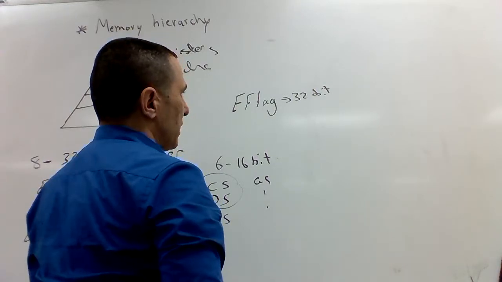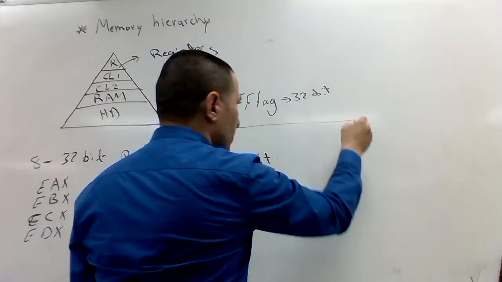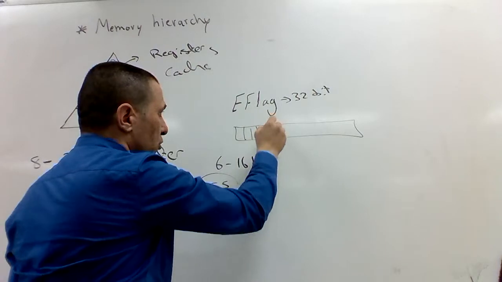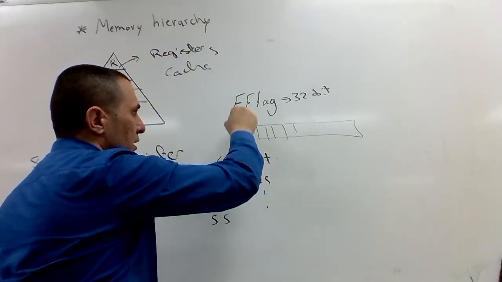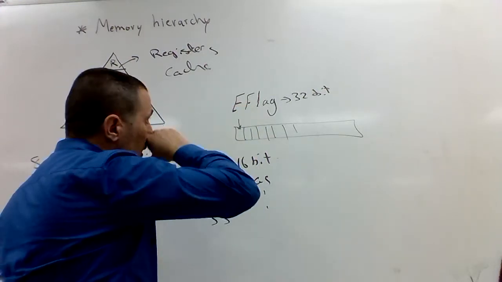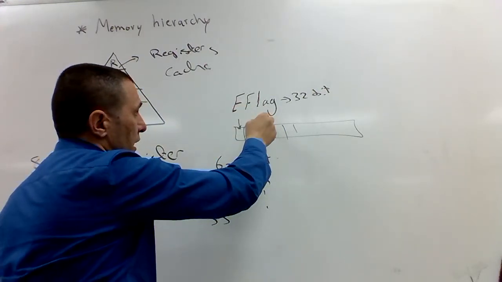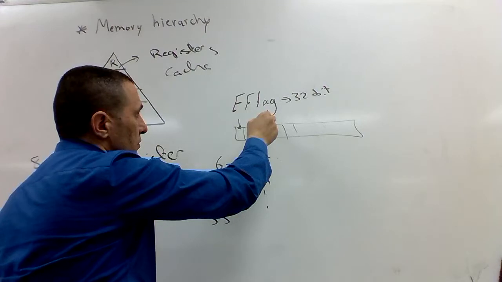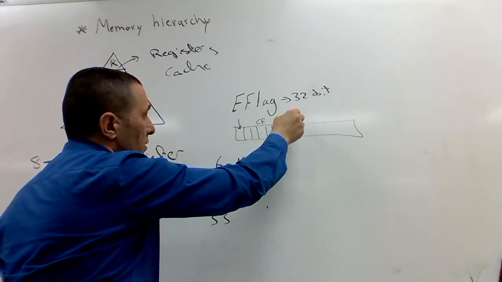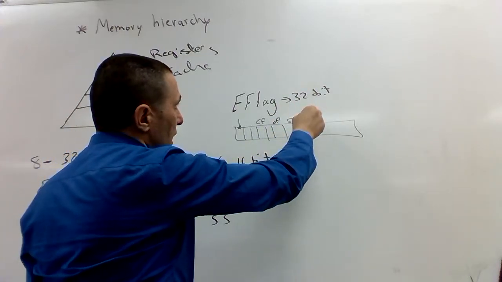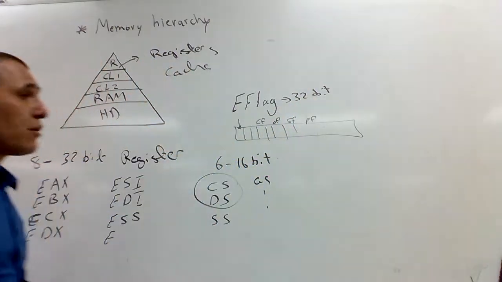Some of the flags we have is the parity flag. We have 32 flags, let's say 32-bit, 32 flags. Each time the CPU looks, we have the carry flag, overflow flag, sign flag, parity flag, zero flag.